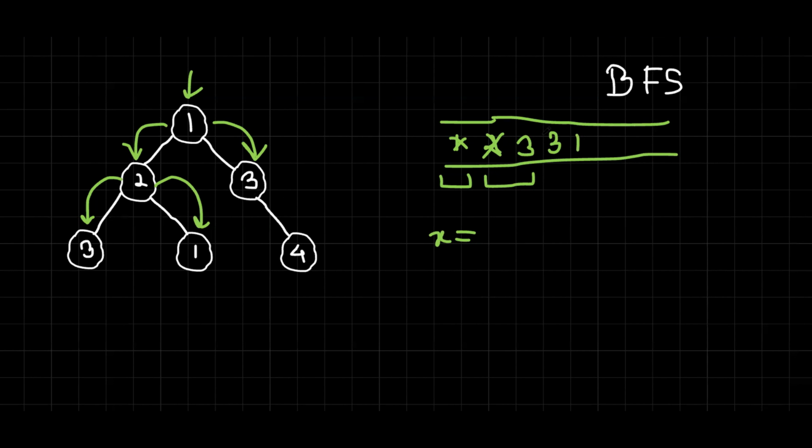Now the front element of the queue is 3. We have to remove it and insert its left child, which is null, let's mark it n, and its right child, which is 4. Okay, so far so good.